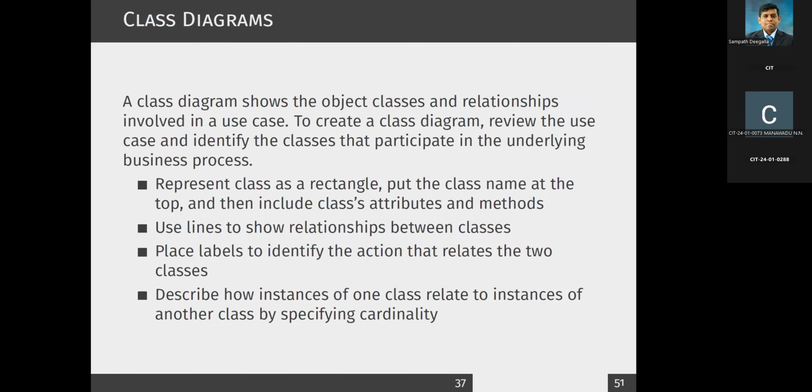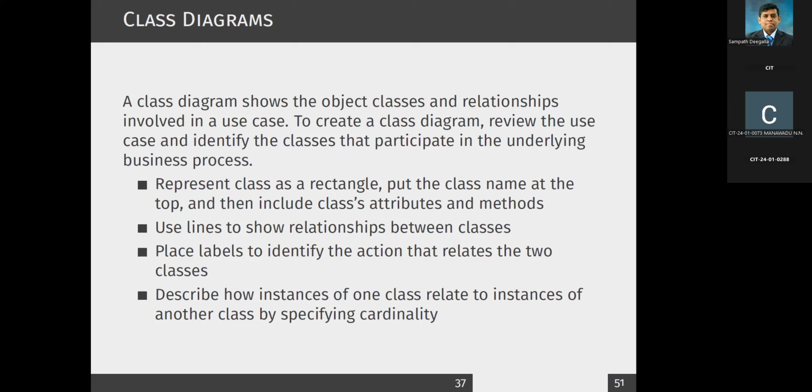For example, let's say we have a borrow book use case. That means we can identify what are the users in here, and then we can create classes for them.